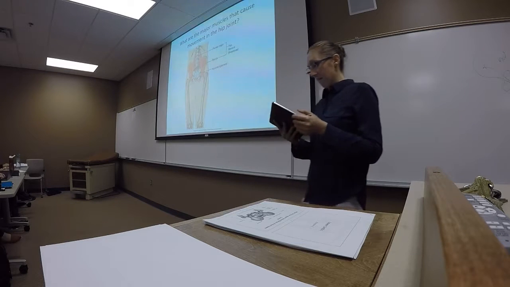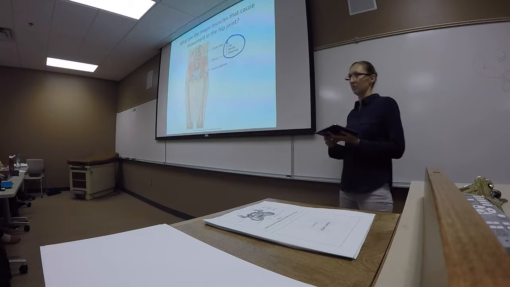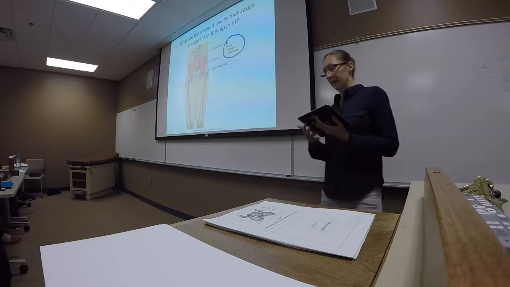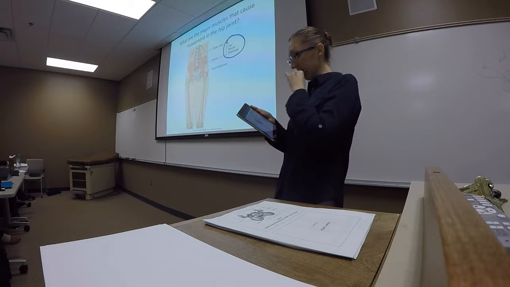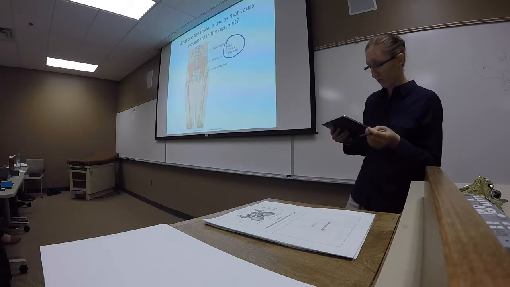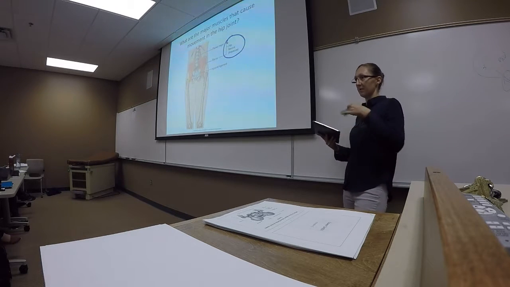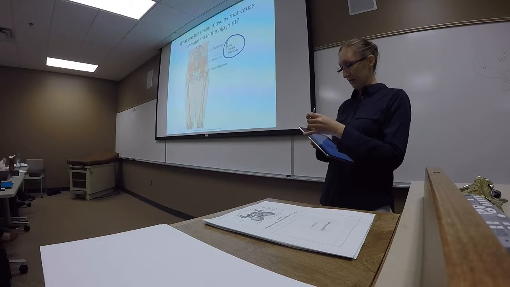Then we also have, on the more anterior side, the hip flexors, which bring the lower limb forward. So we'll get into what muscles are composing each of those groups. We have them listed there, but we'll get into the details of all of that later on next week.